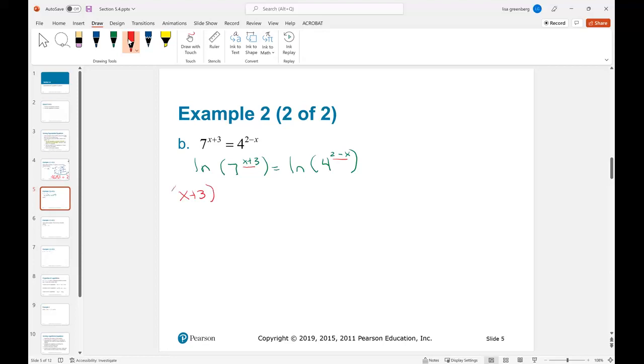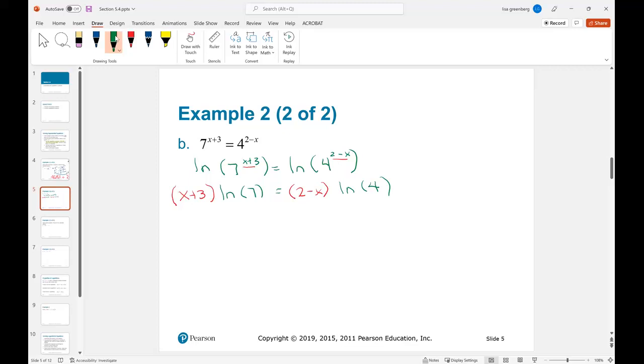Remember to put this in parentheses because it's times this whole natural log of 7 equals, and again, in parentheses, 2 minus x times the natural log of 4. Now remember, the natural log of a number is a constant. Even though I don't know what the answer is, it's still a constant.